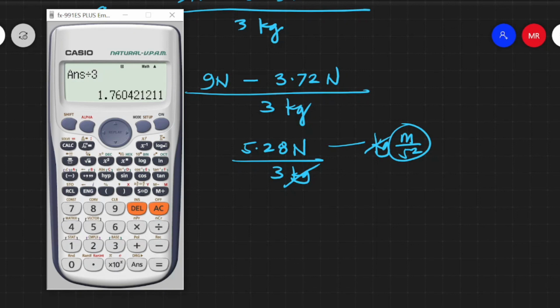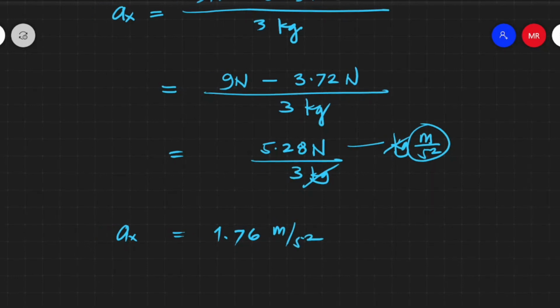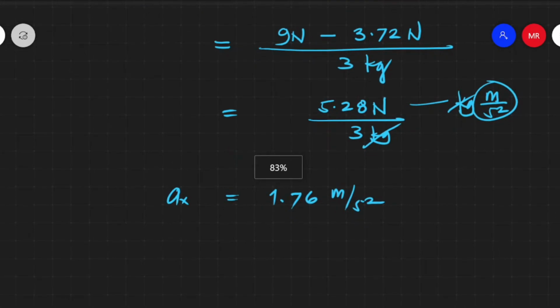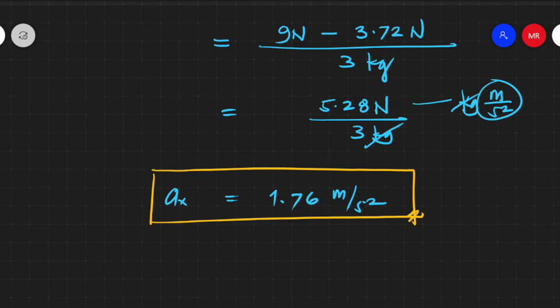The answer now will be 1.76 meters per second squared. So the acceleration of the body is 1.76 meters per second squared. So this is now our answer: 1.76 meters per second squared.